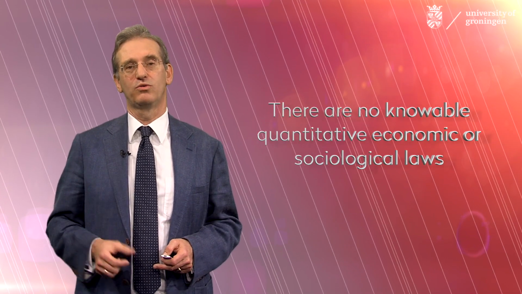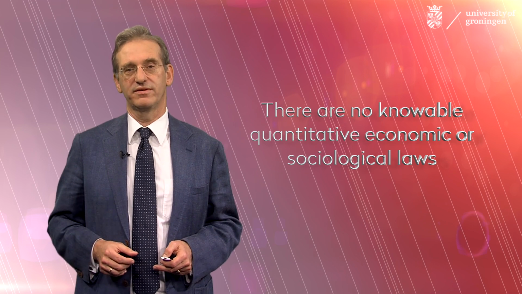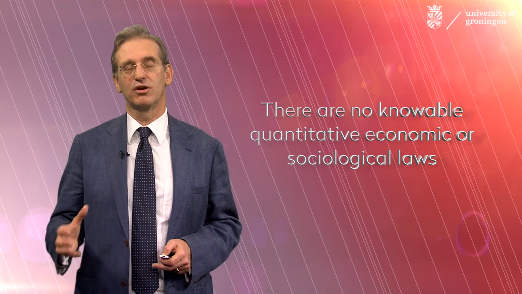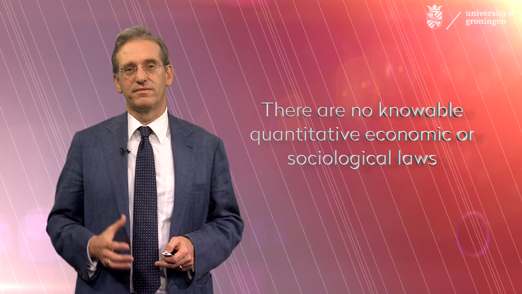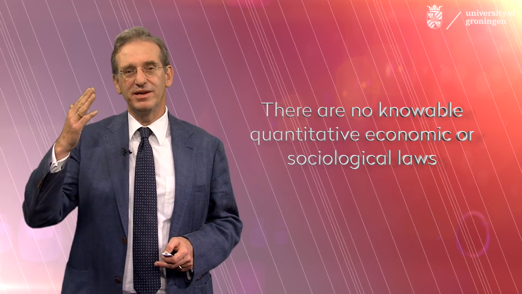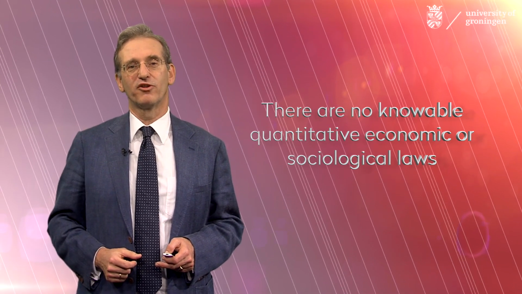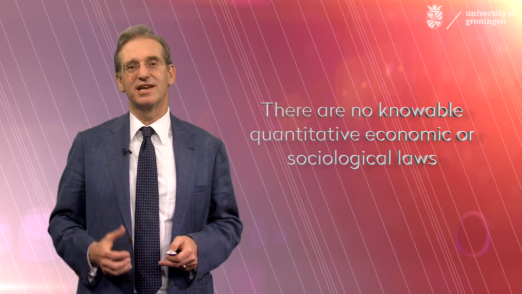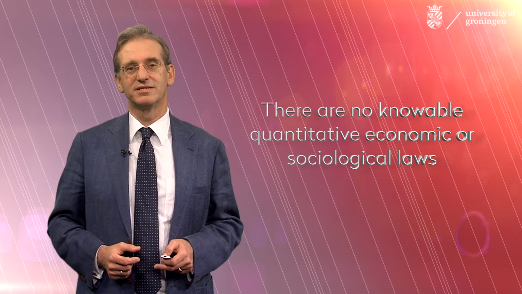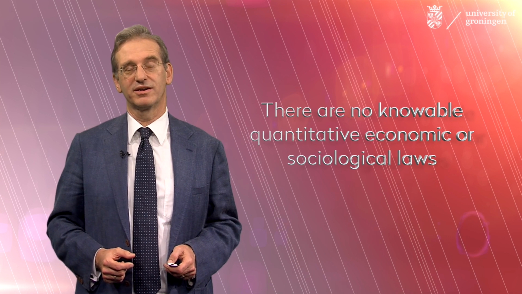There's another very important consequence for what economics can deliver in terms of knowledge and what it cannot deliver. From this framework, it can be derived that there are no knowable quantitative economic or sociological laws. Because the future cannot be listed in the number of potential outcomes, there's a limit to computation and to quantification in economic theory.